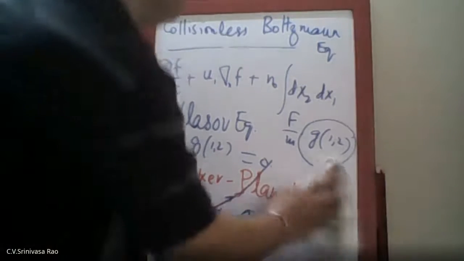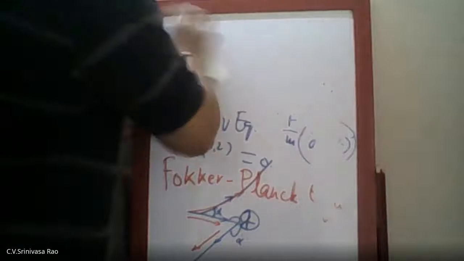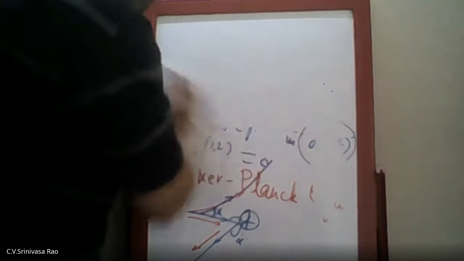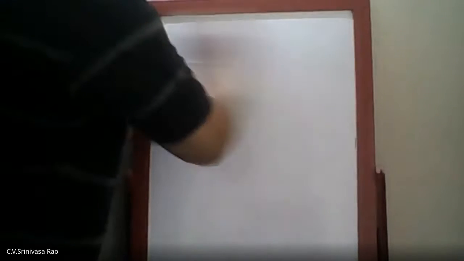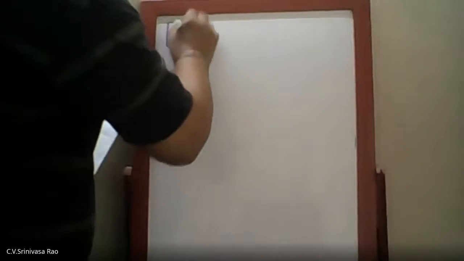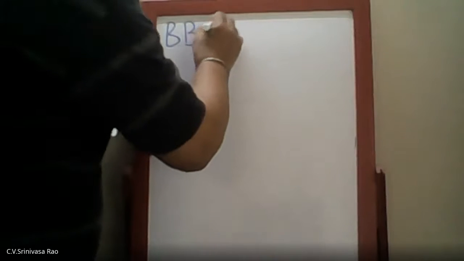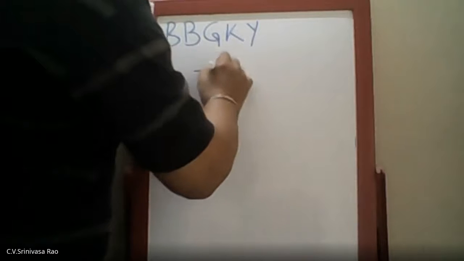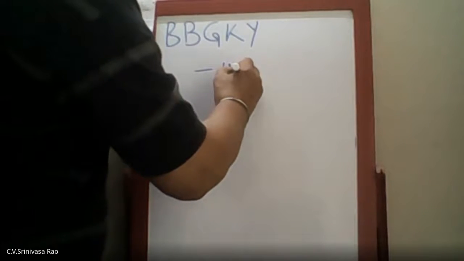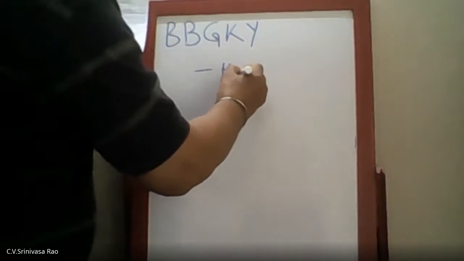So there's something called hierarchy. I told you about two particle, three particle, and n particle correlations. So there is a theory of hierarchy, and that hierarchy is basically given as, so this is the hierarchy.